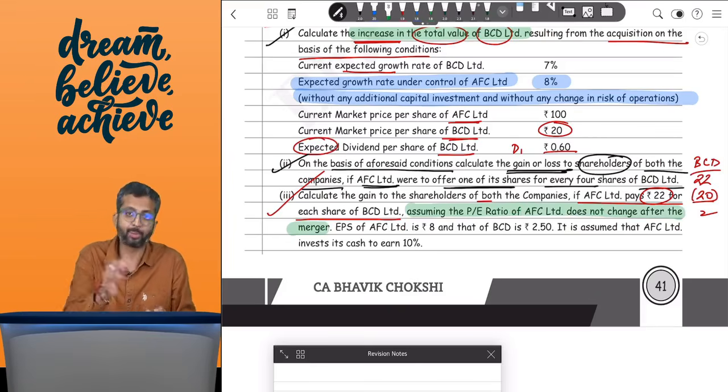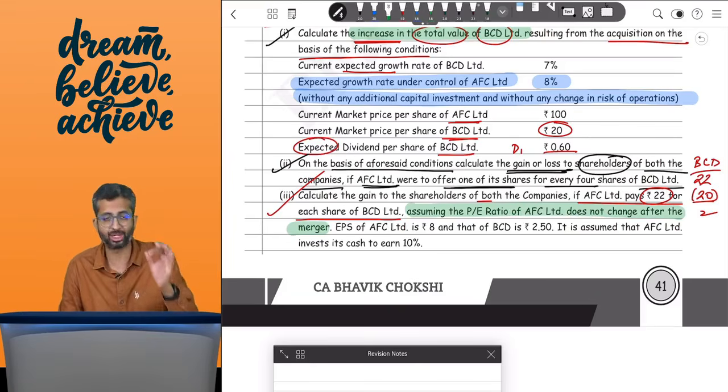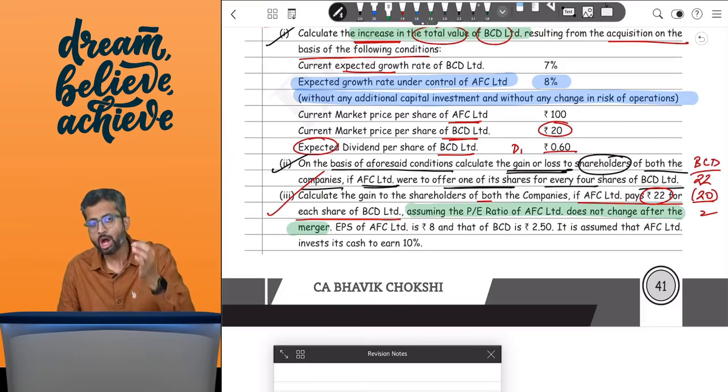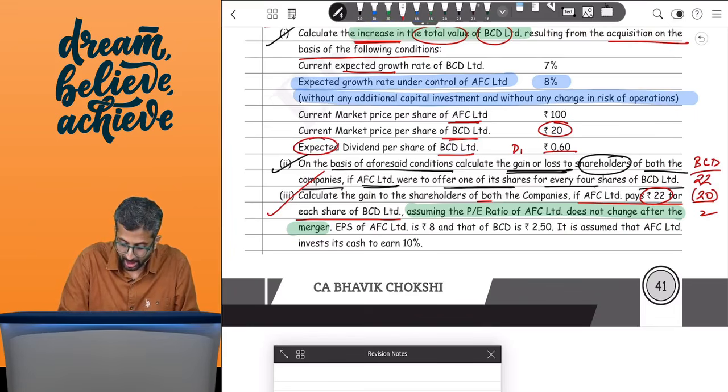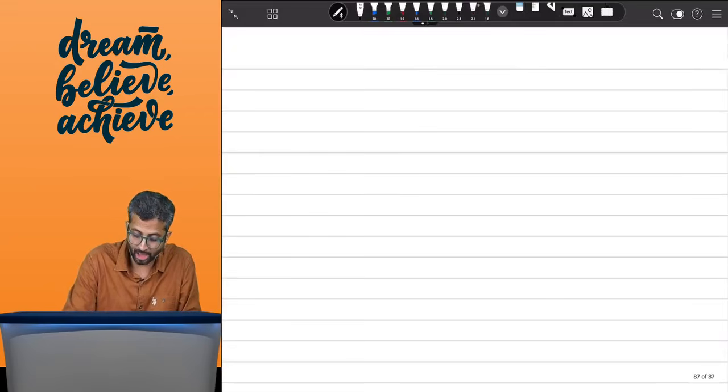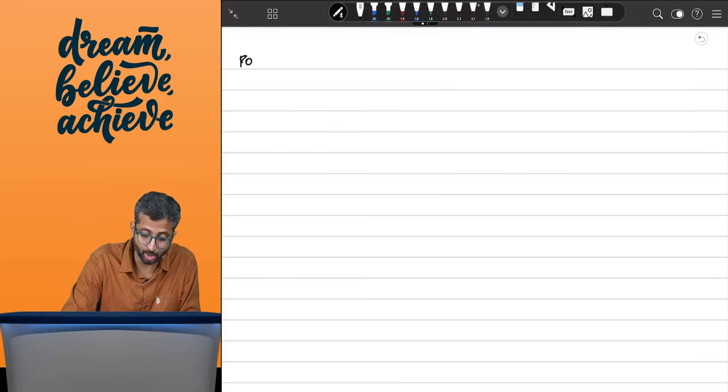So now in sub point 3, you have to do the post-merger MPS calculation, taking post-merger EPS of the combined entity into the post-merger PE, which is going to remain the same. EPS of AFC is 8 rupees and that of BCD is 2 rupees. It is assumed that AFC invests its cash to earn a 10% return. So now, for finding the gain or loss to AFC shareholder, I'll need to find the post-merger MPS, but this is to be calculated as a post-merger EPS into the post-merger PE.